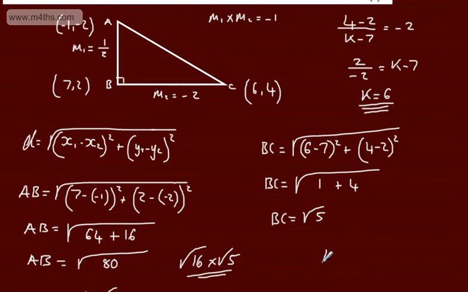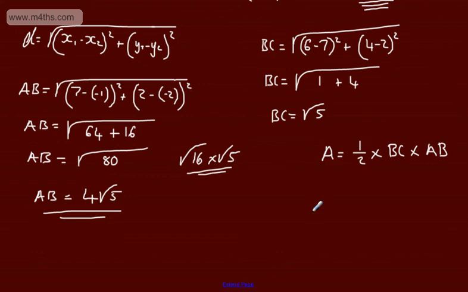Therefore, the area of the triangle will be 1/2 multiplied by BC multiplied by AB. All this is 1/2 the base times the height. So we can write that the area is equal to 1/2 multiplied by root 5 multiplied by 4 root 5.